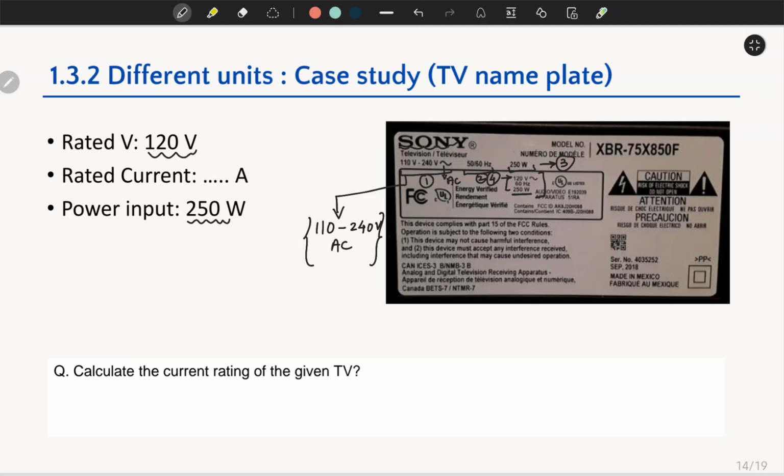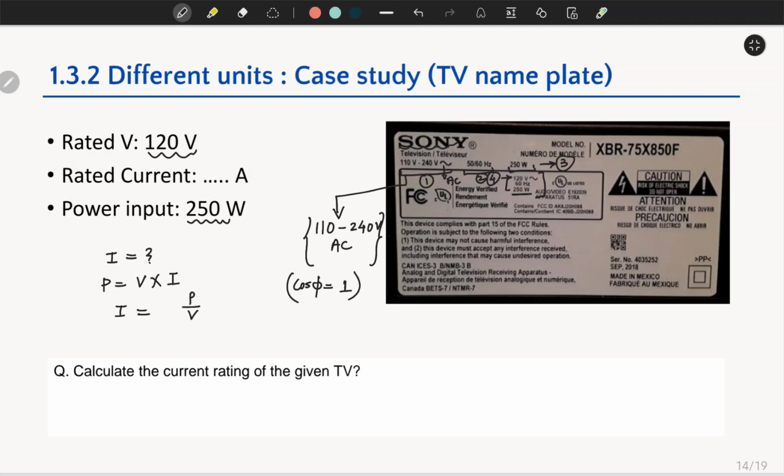Now we can calculate how much current it will draw. If I want to find the current I, we already know that power is equal to voltage multiplied by current. So current will be equal to power divided by voltage. There is one more factor, the power factor, but for sinusoidal loads I am assuming it as unity for this television.